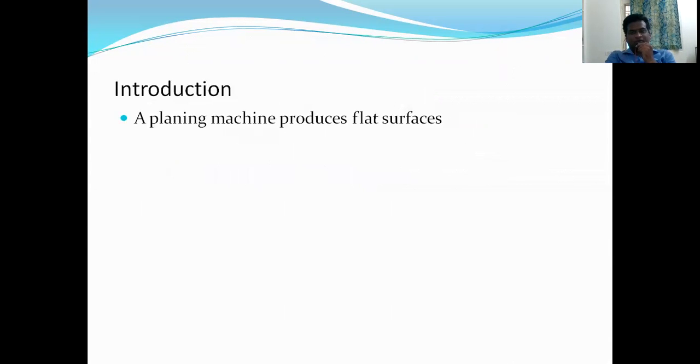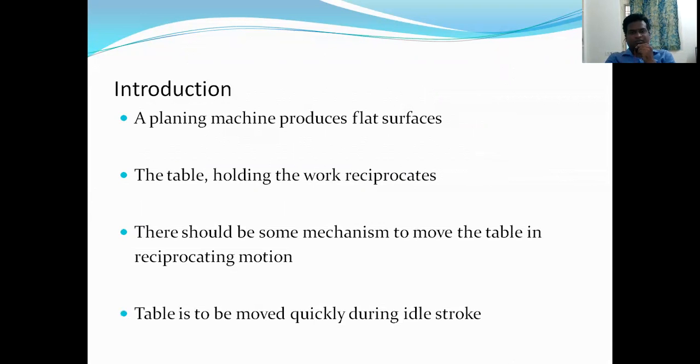Before going to the driving mechanisms of the planer, first of all we have to keep some points in mind. What are the points? A planing machine produces flat surfaces. Here the table holding the workpiece reciprocates, not the cutting tool.